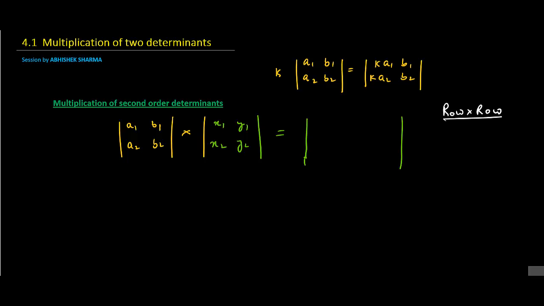So now what we have to do is take the first row of the first determinant and the first row of the second determinant, and multiply the corresponding elements. What do I mean by corresponding elements?